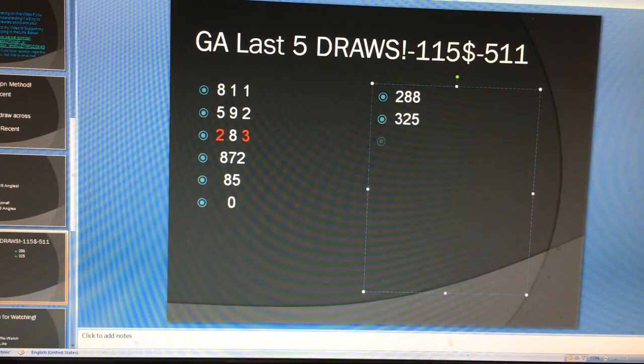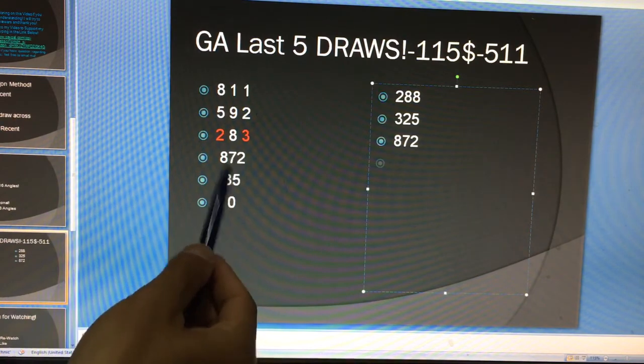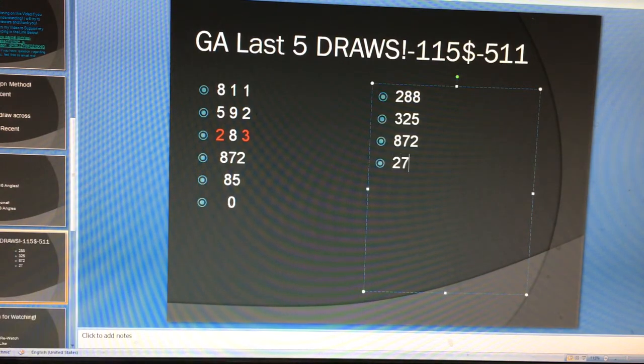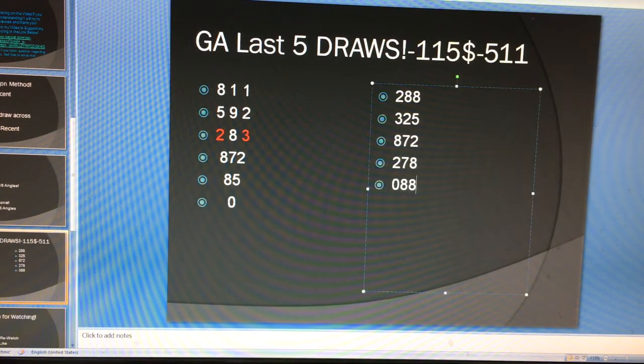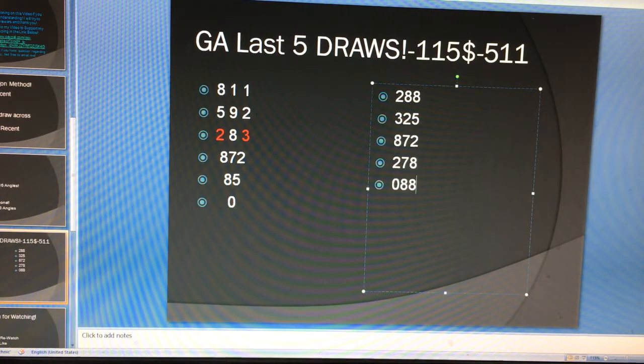And 872, 278. And your other 3 angles are 088, meaning the digit that is at an angle will have 3 hits if the double number comes out front pair or back pair.